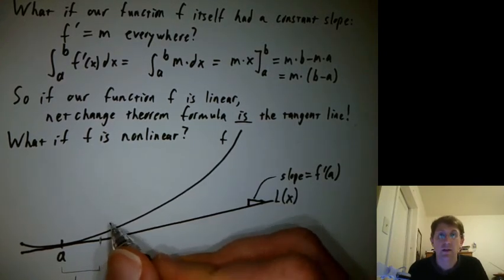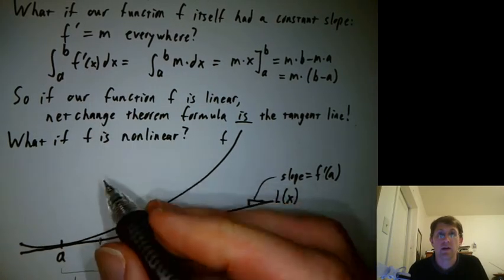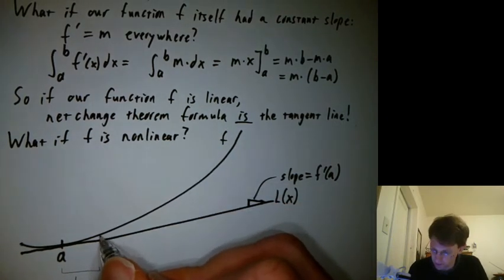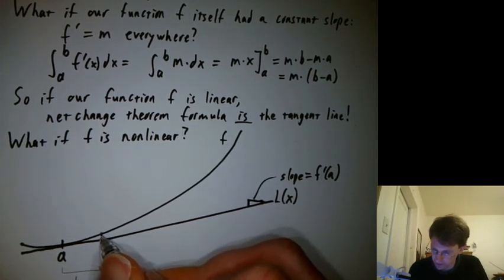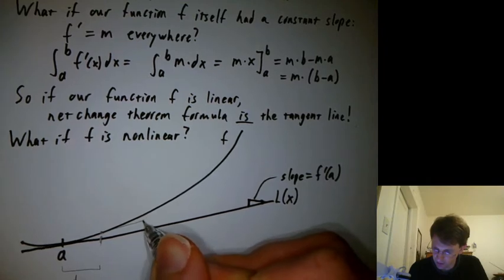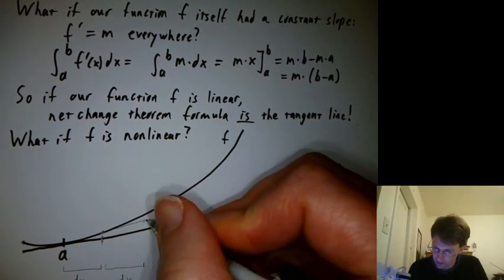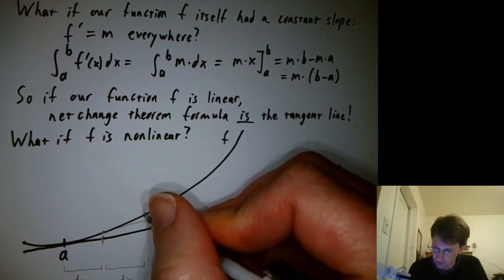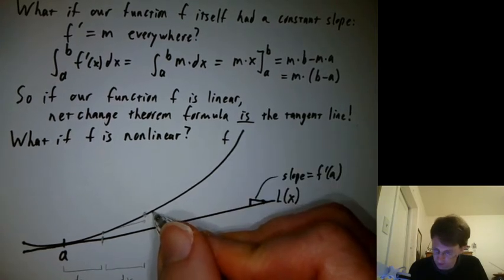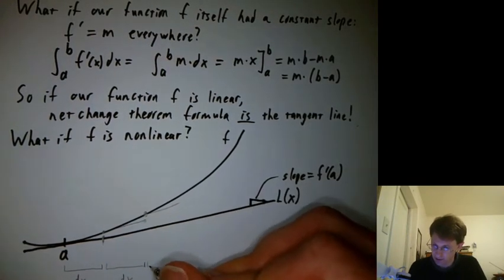And then what the integral formula is doing is it's saying, okay, now use the new slope at that value, and use that new slope to come out here, and that's another width dx, and then start there and follow the new slope. So we're constantly updating the slope.